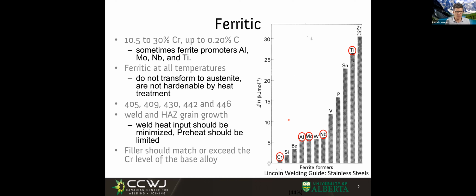They're just big grains. So you typically want to use low heat inputs to avoid this coarsening, right? You want to avoid preheat, so you don't spend too long at high temperatures. And the filler should match or exceed the chromium content of the alloy, because you want to make sure it is ferritic. Chromium is a stabilizer of the ferrite.